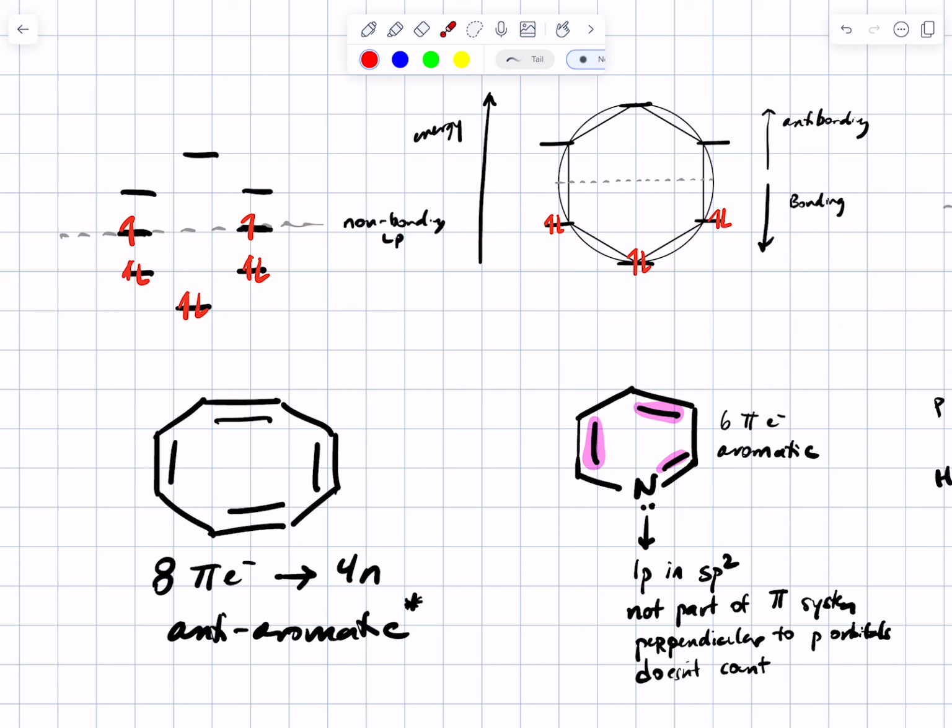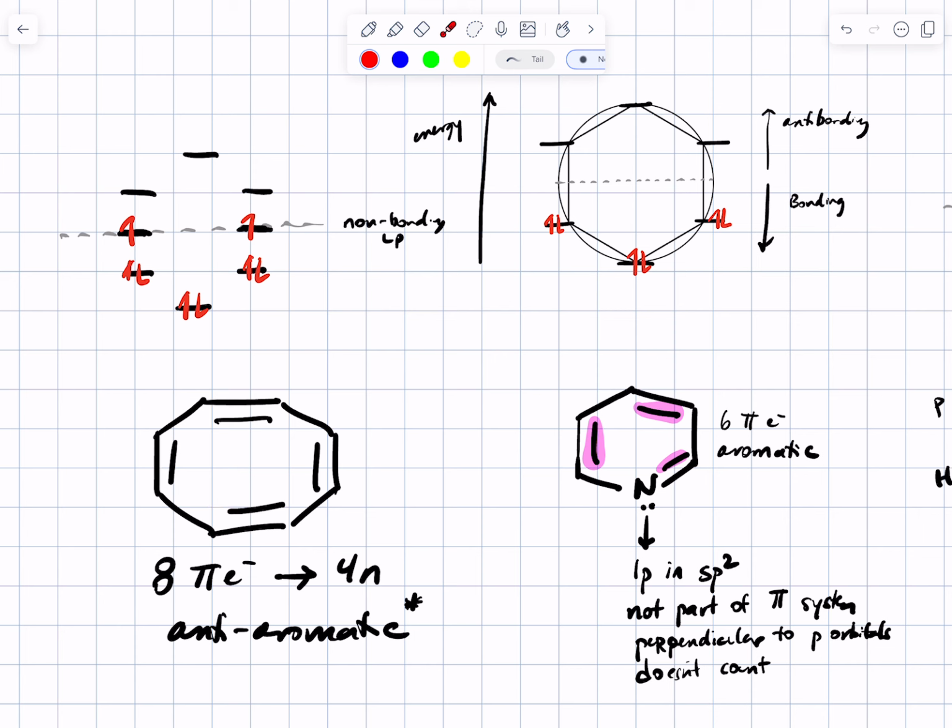The remaining 2 are in non-bonding orbitals and unpaired, and so it's a diradical. It's not even a lone pair, it's a diradical. So this structure looks deceptively stable unless you know the 4n rule for anti-aromaticity, because the actual structure of this molecule is basically a diradical.